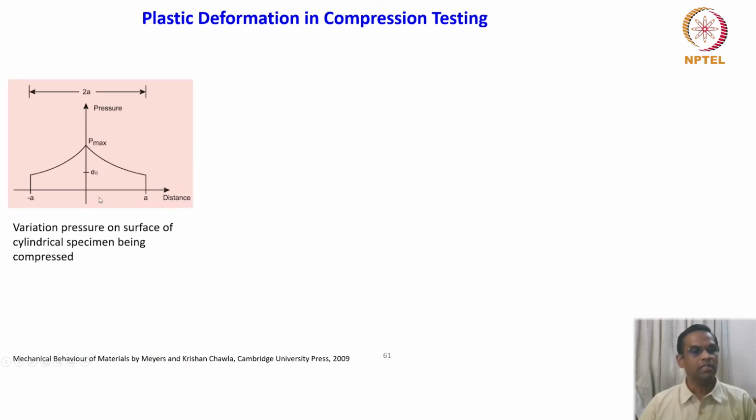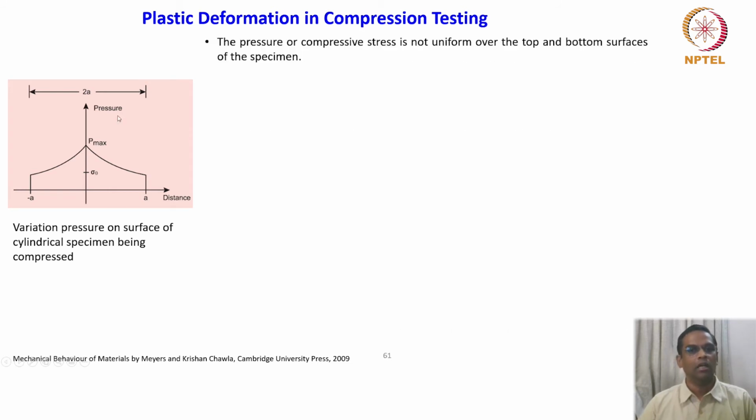What you are seeing here is the x-axis is distance and the y-axis is pressure. The pressure, or compressive stress, is not uniform over the top and bottom surface of the specimen. This is a first limitation we have to understand.